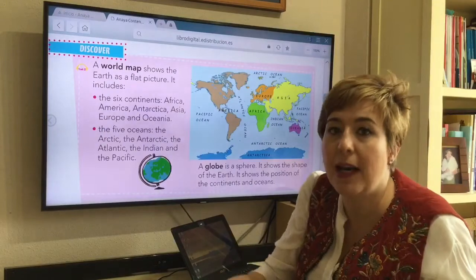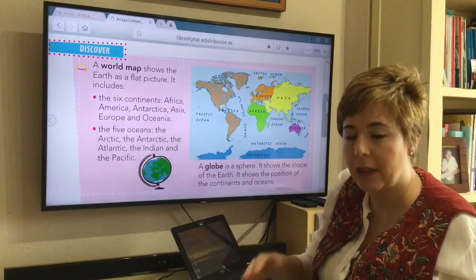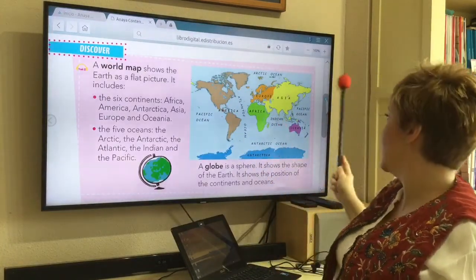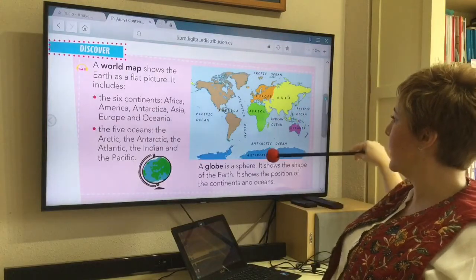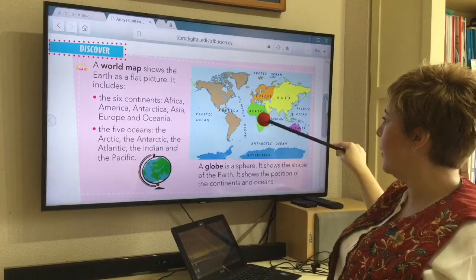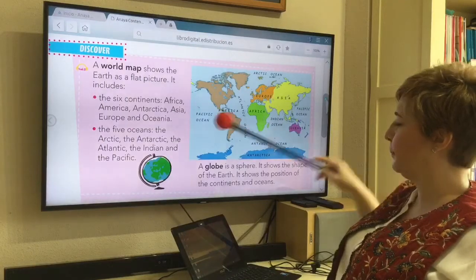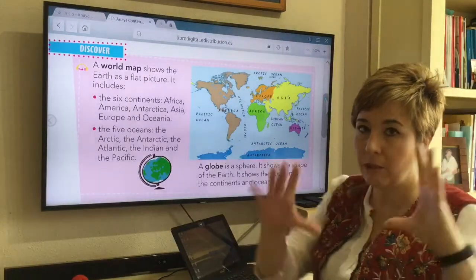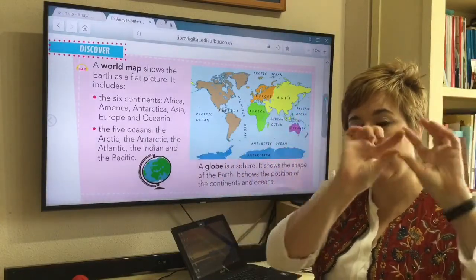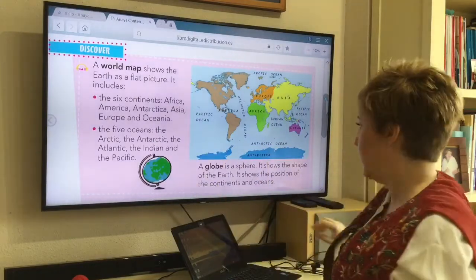At the bottom, Antarctic. Arctic Ocean, Antarctic Ocean. So let's do it again. Pacific, Atlantic, Indian, Arctic, and Antarctic. And then America, Europe, Africa, Asia, Oceania, Antarctica. That's super important. Remember, I'm going to give you a map with all the words, and you have to put the name in the correct place.